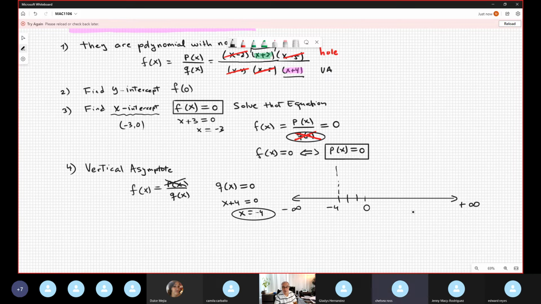This is important because you split all the real numbers in two parts, and negative 3 gets here.